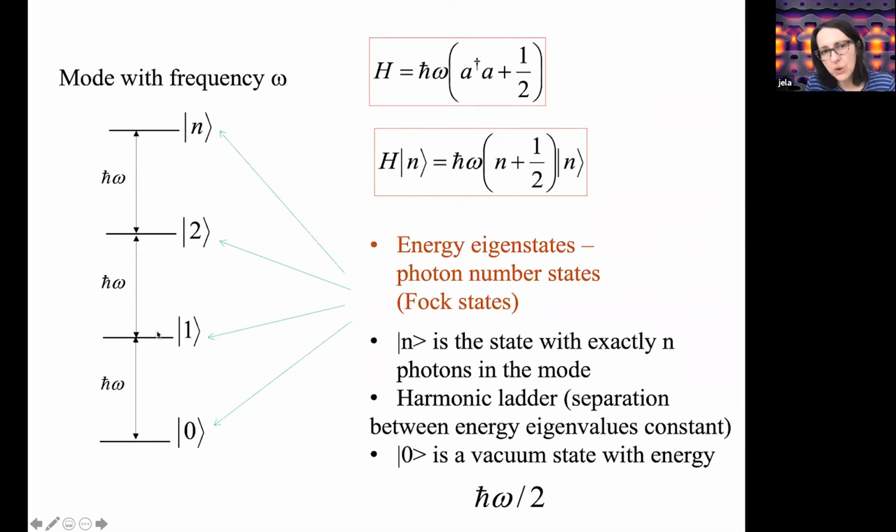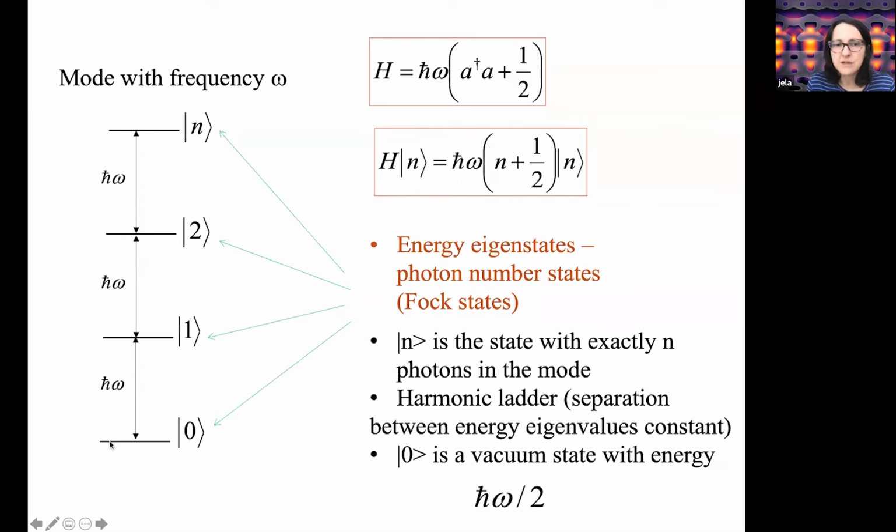So when you draw all of these eigenstates for a harmonic oscillator or for a mode of electromagnetic field, which is also a quantum harmonic oscillator, they would form a harmonic ladder, which means that they're separated by h bar omega. The ground state is 0, which means no quanta of energy. The next one would be 1, the next one would be 2, and the nth one would be n.